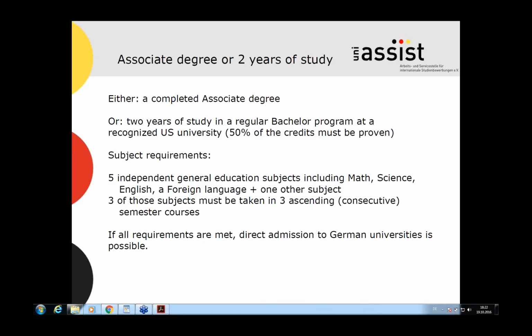For example, when you take math with the number 101, then you need, for example, 104 and 105. If all requirements are met, direct admission to a German university is possible.